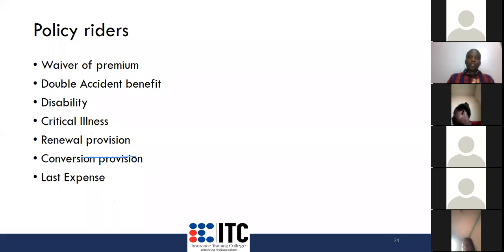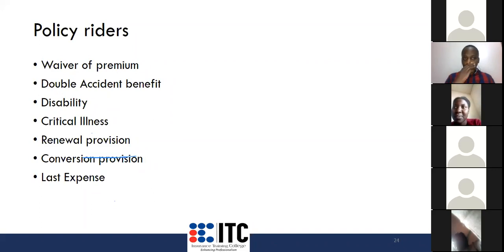So when you look at life insurance, as much as we say there's protection and savings and investment, the major component of the cover is protection. So you look at the element that covers the life. I hope I'm clear on that.